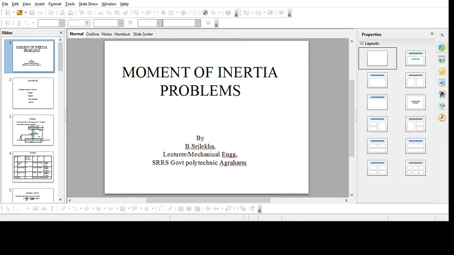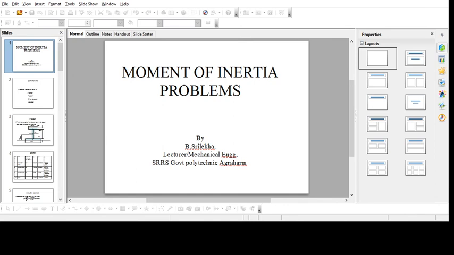After that, find the individual areas of each section, then the centroids of each section, and make use of the formula x bar equal to (a1 x1 plus a2 x2 plus a3 x3 and so on) by (a1 plus a2 plus a3).